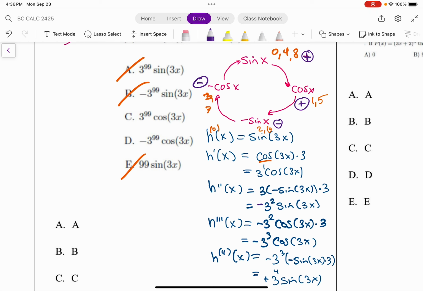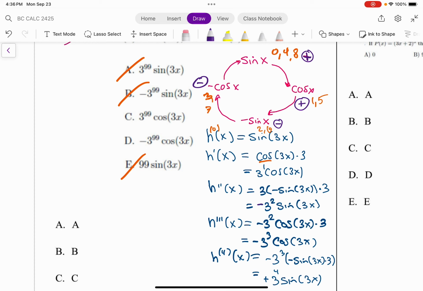At the top of the wheel, we have all multiples of 4. In the first part of the wheel, 1, 5, those are all 1 more than a multiple of 4. At the bottom, those are 2 and 6, 2 more than a multiple of 4. And over here on the left, 3 and 7, those are 3 more than a multiple of 4, which you could also describe as 1 less than a multiple of 4.